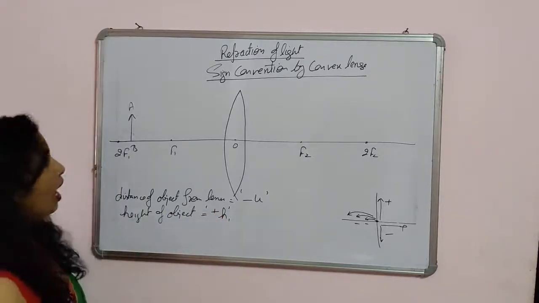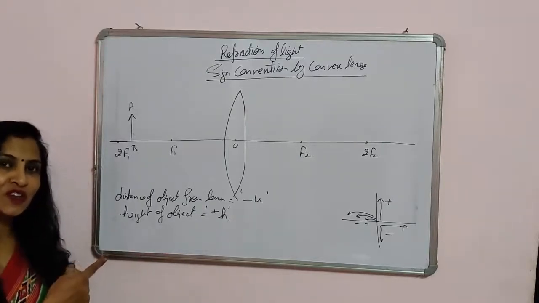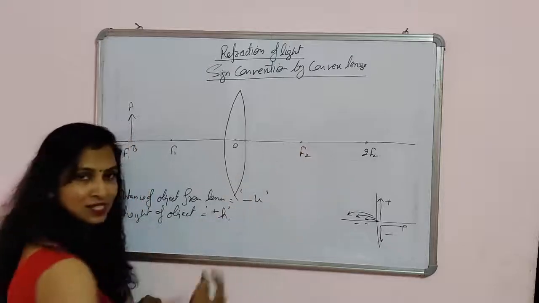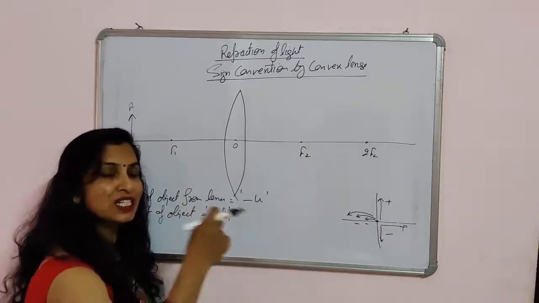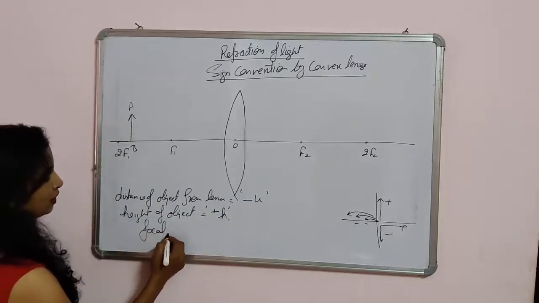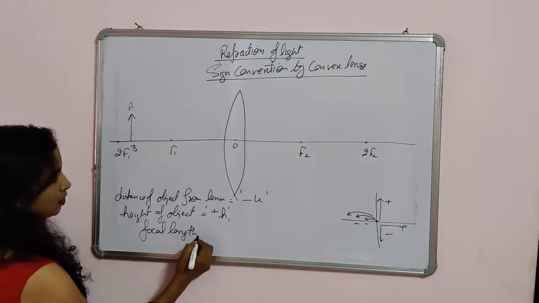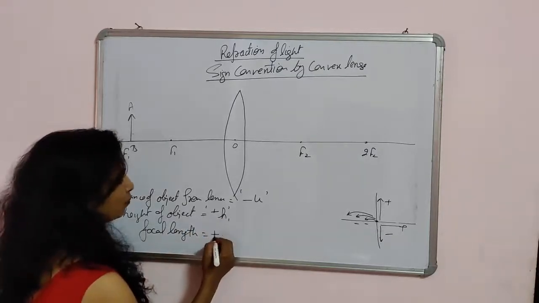Okay. And the focus. Which focus do we use in the case of a convex lens? We use this focus, and since we measure the focal length towards this side, we will say the focus will be positive. So this is called the focal length. We show it by the symbol small f, and the small f will be positive.